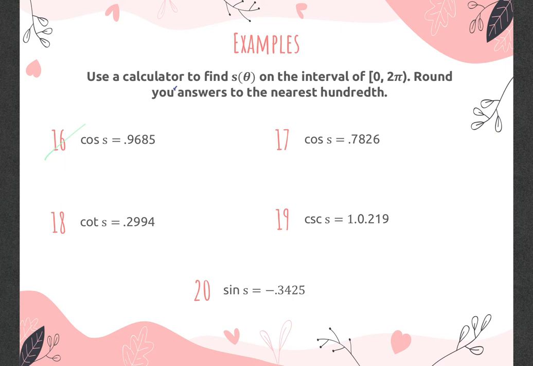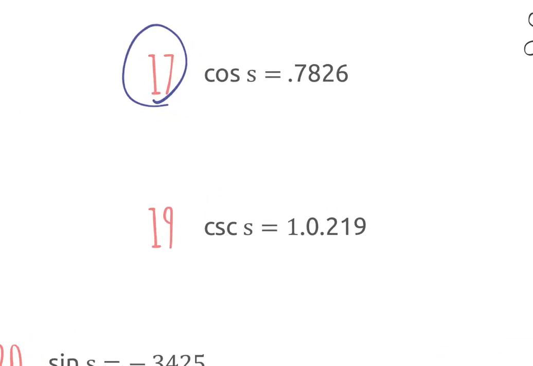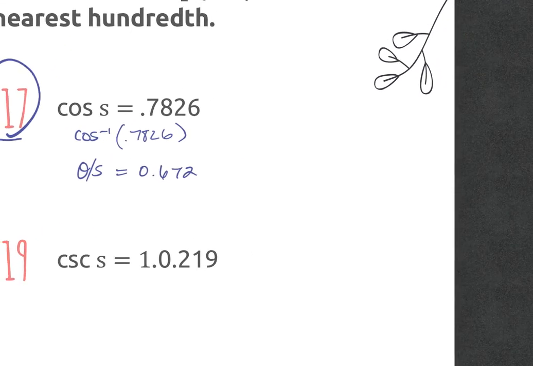So if I look at 17 here, it says the cosine of s is 0.7826. So I'm going to do cosine inverse of 0.7826, again making sure my calculator's in radians. And I get theta, or s, which is the variable they're using, 0.67196. It said nearest hundredth, right? So that's around that. Now that's in the first quadrant.